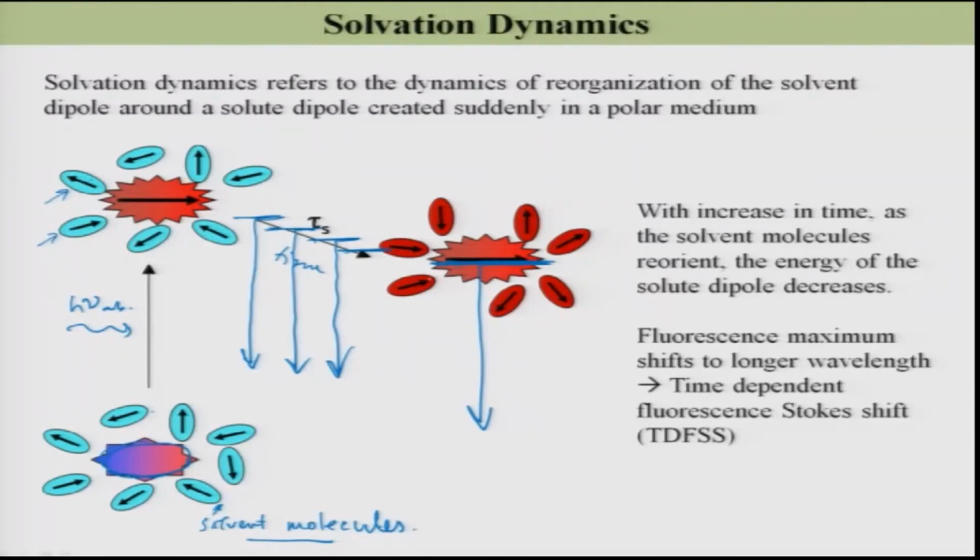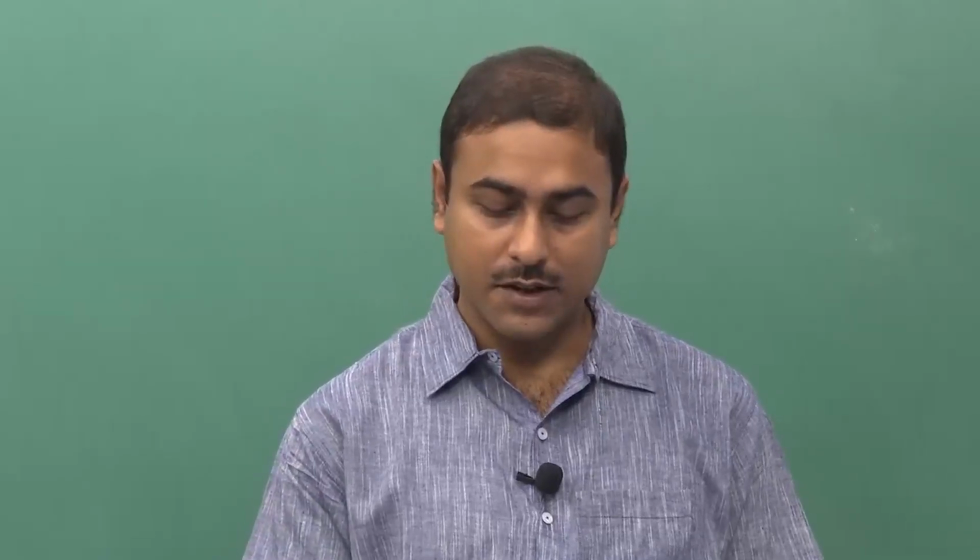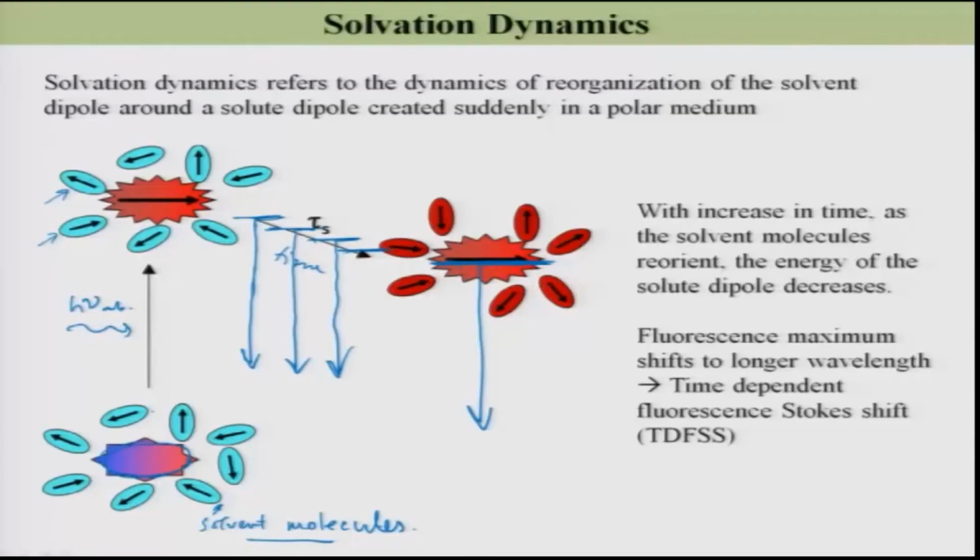If you have some way to get the emission spectra of the solute molecule as a function of time, then at a very early time you will get the emission spectrum originating from this particular state, and at a later time you will get the emission spectrum originating from this other state.